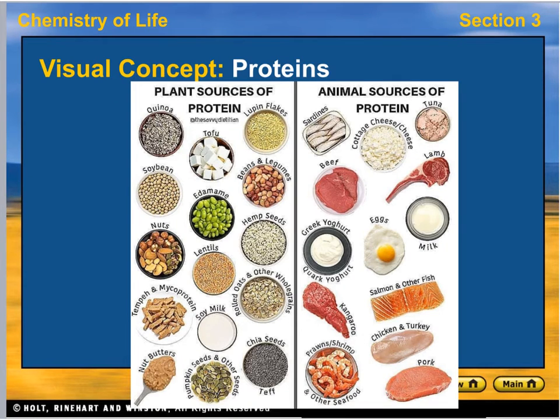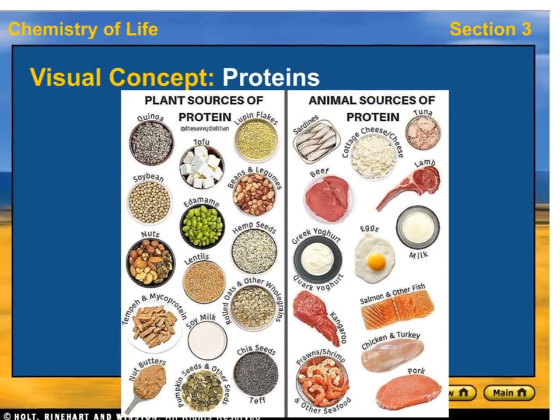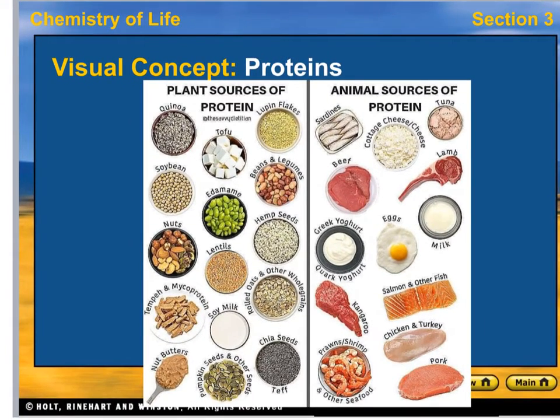As humans, you can see we have different sources of proteins as well. Over here, you can see we have plant sources of protein. It can come from nuts, different types of beans, soy milk, stuff like peanut butter, certain seeds, oatmeal, beans and legumes.